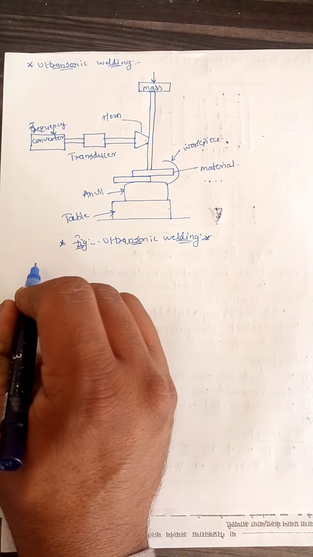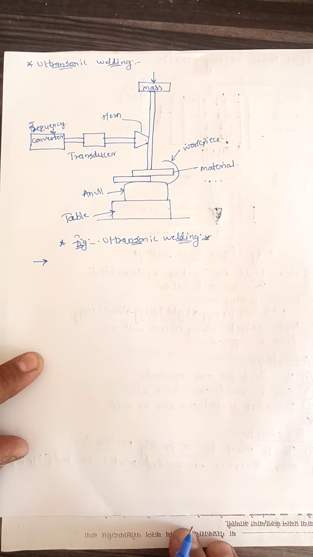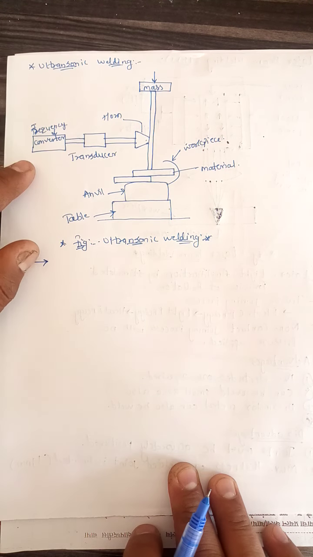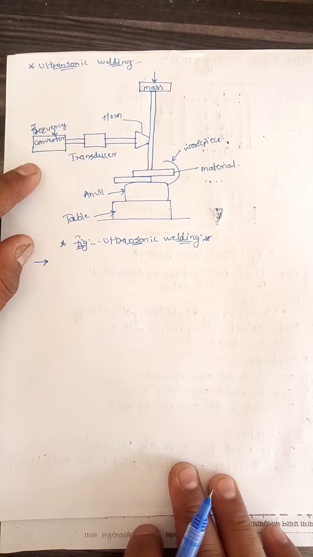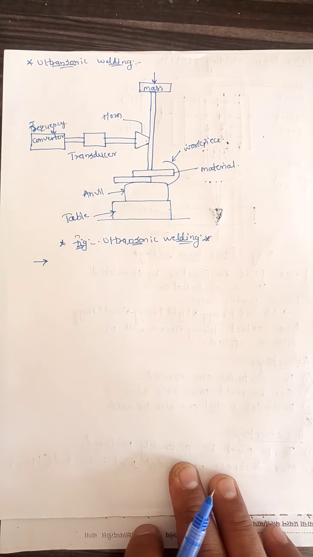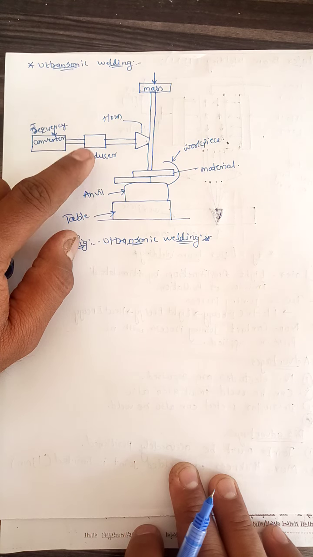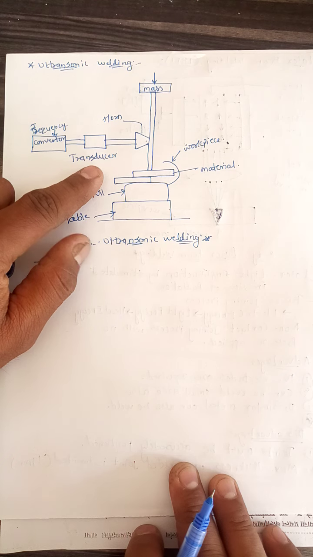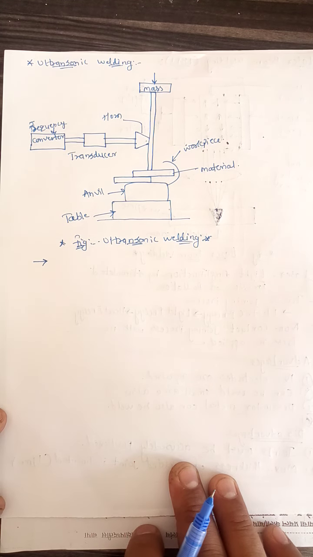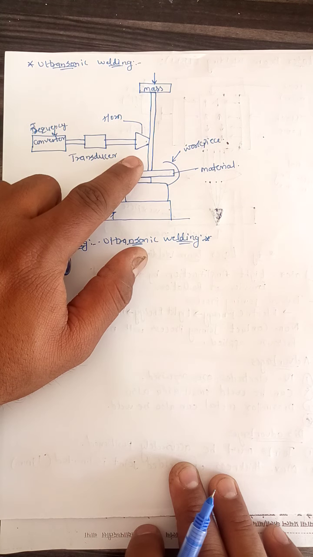Now I will explain ultrasonic welding. The frequency of low power is converted to high power electric power. Then the transducer is used. The high electric power is produced and given to the horn. In this horn, the vibration is created.